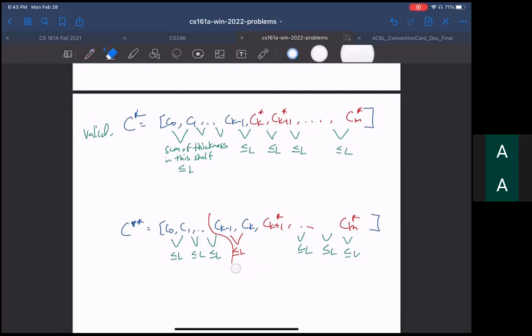So that's why the interval between CK minus 1 and CK is less than or equal to L, because our algorithm chose it, and our algo checks if it fits.